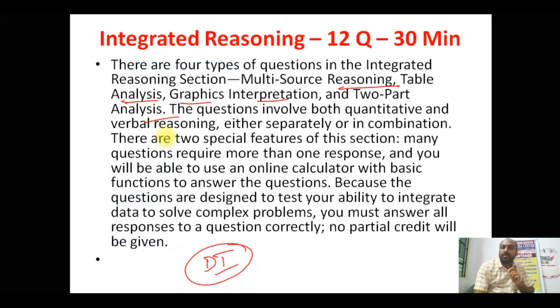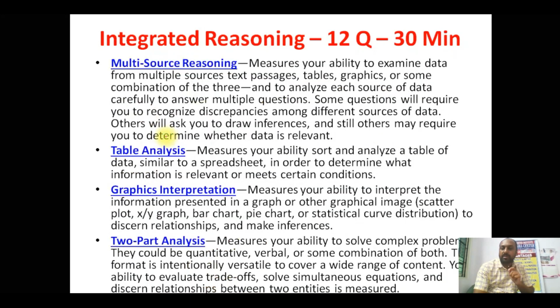And this is a little bit complex if you are unable to understand the diagrams perfectly. Otherwise it will be an easy session. And in integrated reasoning, these 12 questions, again I am saying multi-source reasoning, again graphics, tables. Table analysis measures your ability to sort a table of data.